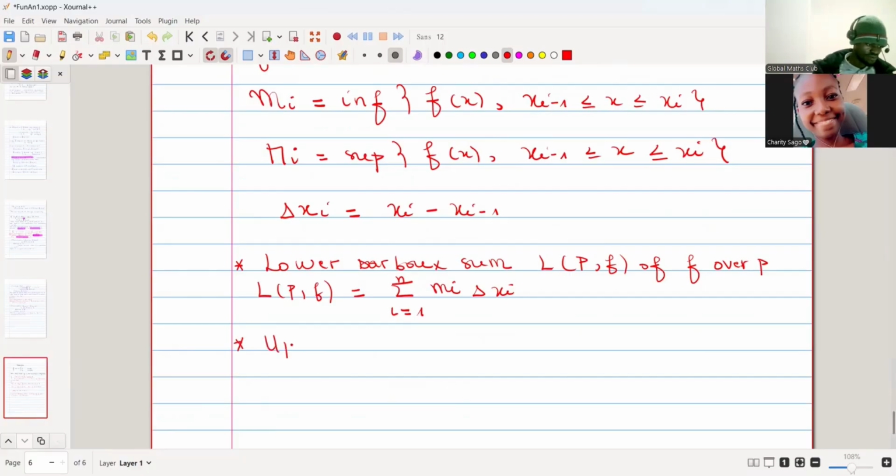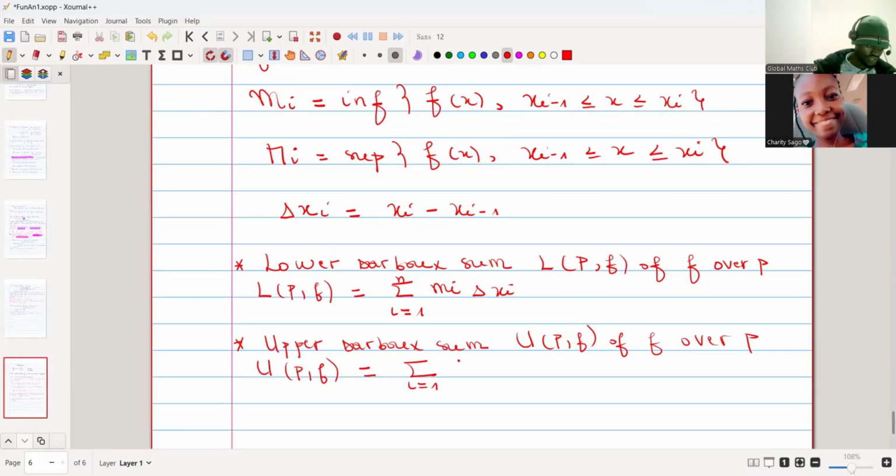Now the upper double sum U(P, f), the upper double sum of f over P, is defined as U(P, f) equal to the sum from i equal to 1 to n of Mi delta xi.